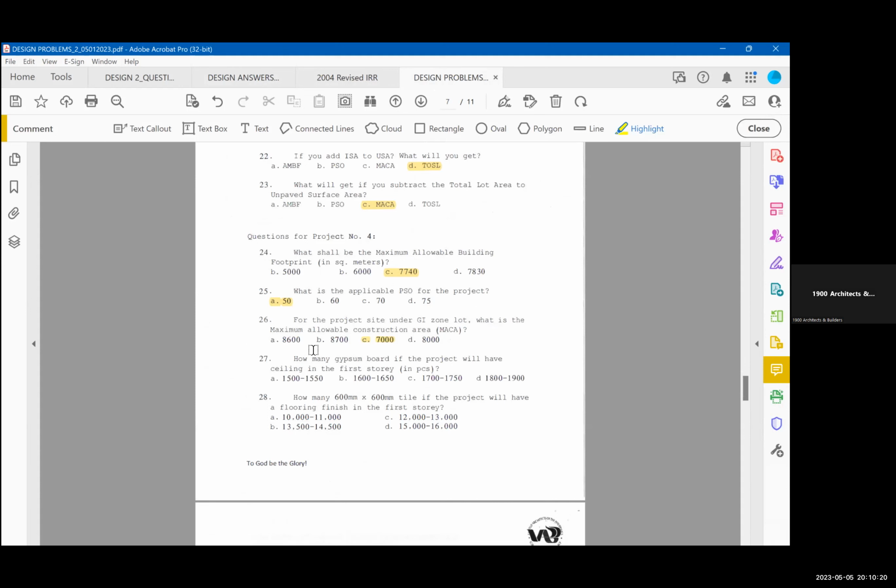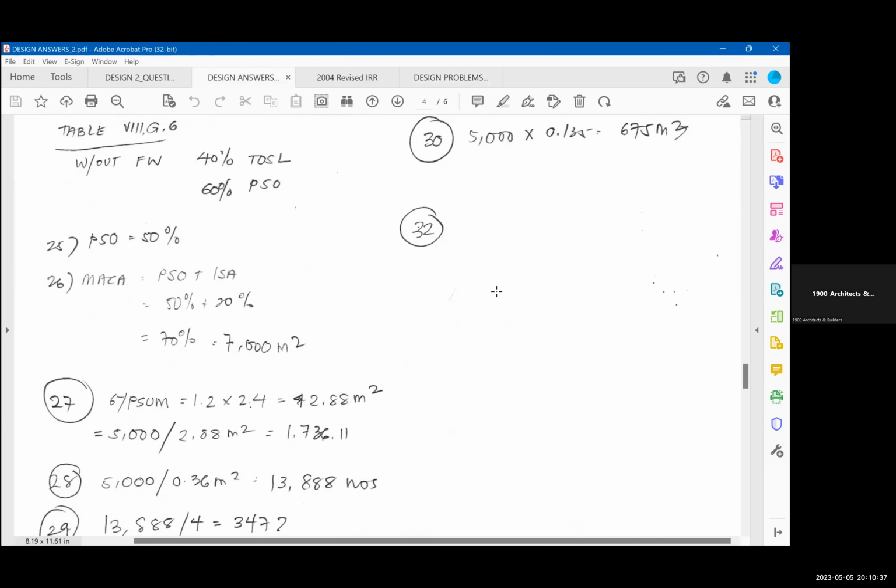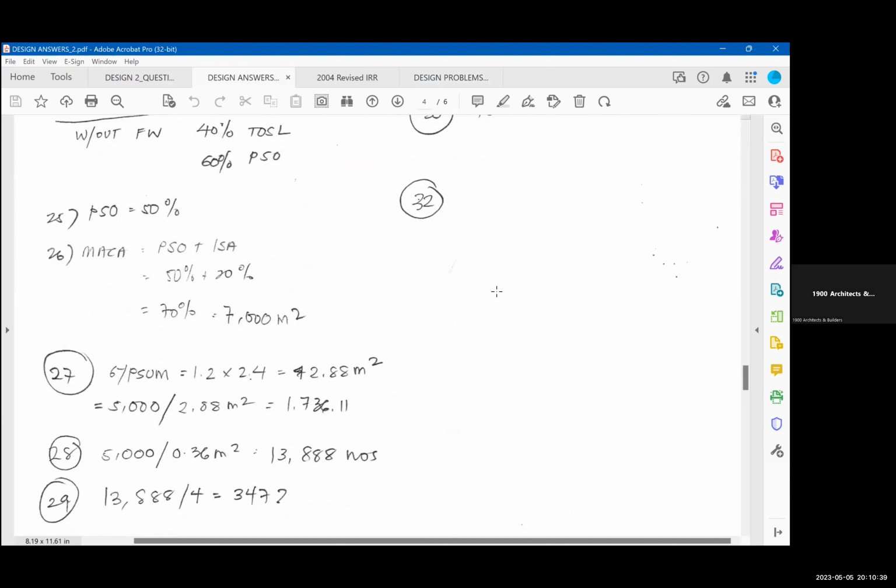Number 27. How many gypsum board if the project will have ceiling in the first story in pieces? Ano doon natin kukumpitin yun? Kunin natin yung size ng gypsum board. So, siguro naman doon sa estimate or na-review na to sa estimate.